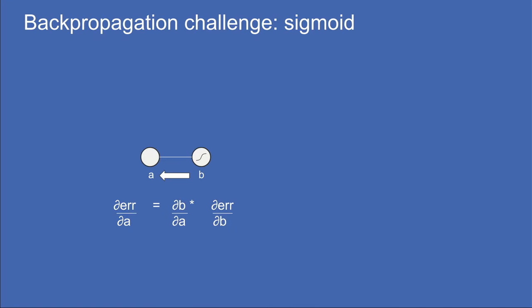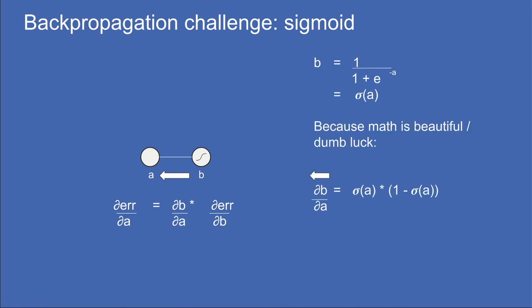Now, the most interesting one of all. If I know how much the error changes with respect to a change in B, and then I want to know how much it changes with the input to that sigmoid function, then I can say, okay, a sigmoid function mathematically looks like this, and I can take the derivative of B with respect to A. And one of the beautiful things about the sigmoid function is that the derivative actually looks like this.